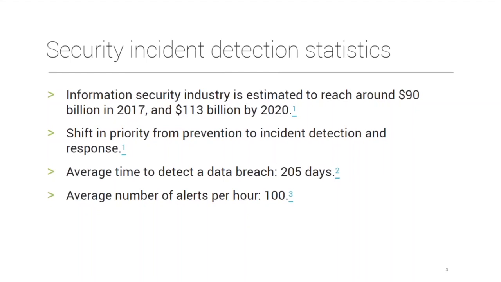The key point to note over here is that there is a shifting trend in how this money is actually being spent. Previously, organizations invested really heavily on prevention technologies. So they were more interested in actually preventing any type of attack.